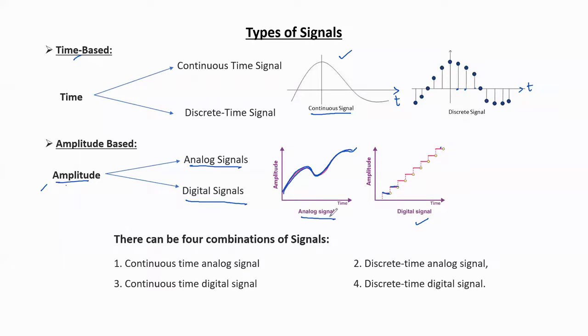For analog signals, the amplitude always has some real values. Whereas for a digital signal, the amplitude has either 0 or 1. This is binary data. Each step is indicated with the value 1, and the gap is indicated with the value 0.